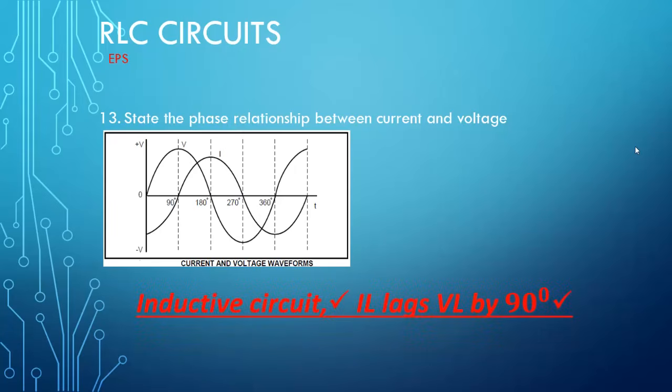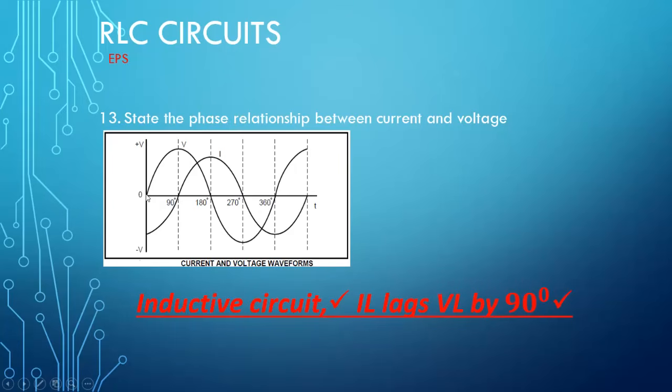This would be an inductive circuit because IL lags VL by 90 degrees. If we come to the graph, we will notice that the V starts at 0 degrees. Notice that I is starting at 90.